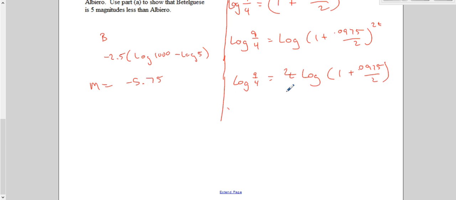And I'm going to be dividing out the 2 and the log of 1 plus 0.0975 over 2 on both sides.